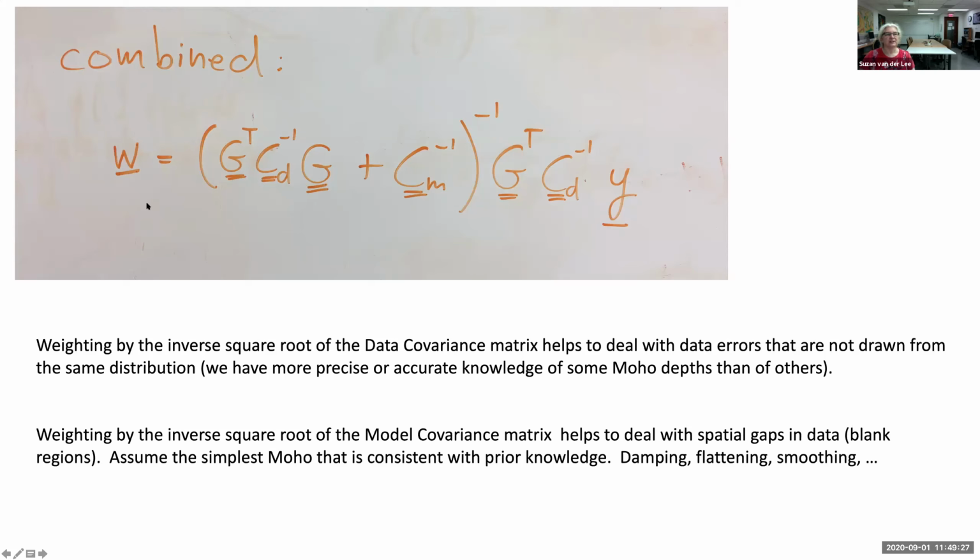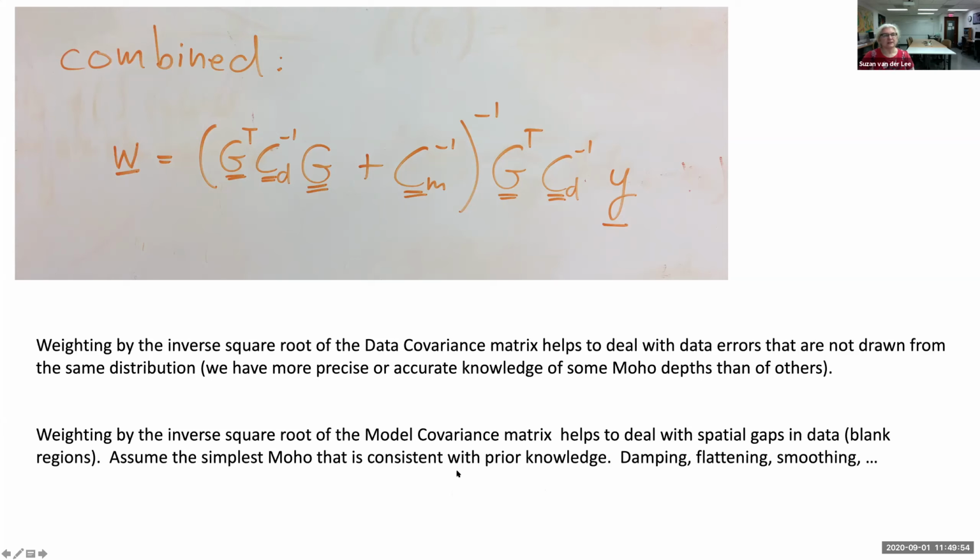So this will at the same time deal with data errors that are not drawn from the same distribution, giving you data that are more uncertain and data that are less uncertain. Indeed, we do have more precise or accurate knowledge of some MOHO depths than we have of others. But it also helps to deal with spatial gaps in the data, where we have blank regions and no measurements.